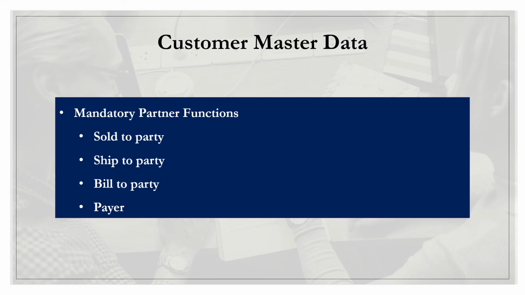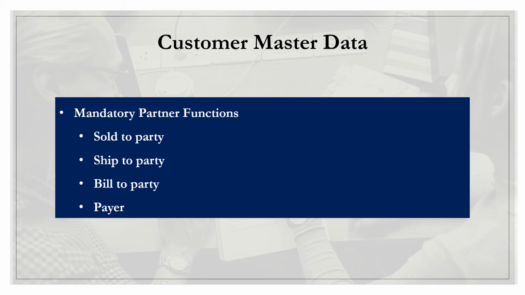Payer ultimately can be your accounting department, while sold to party, the one that places the order, can be from a purchasing department. So two separate departments can do that. And then, of course, ship to party can ultimately be another department that requested the product from the purchasing department.